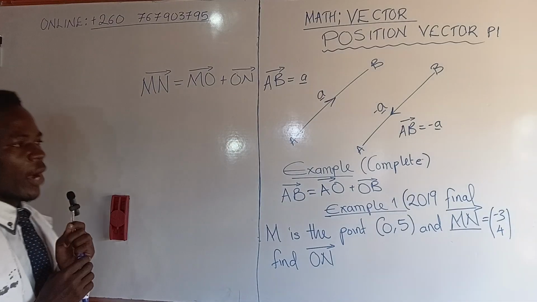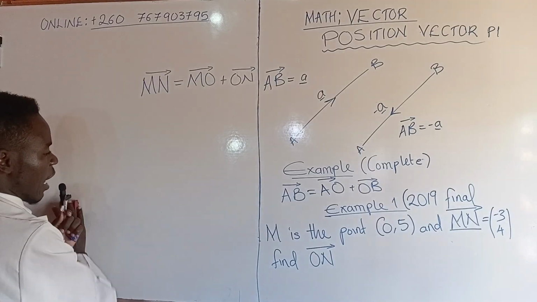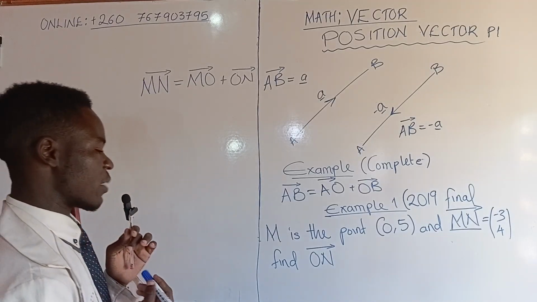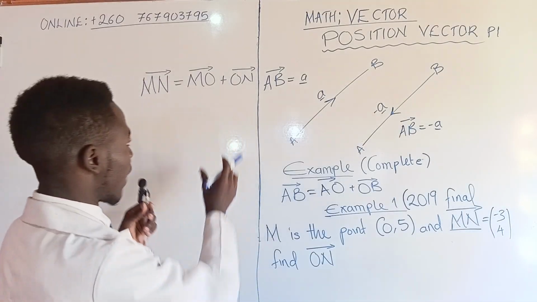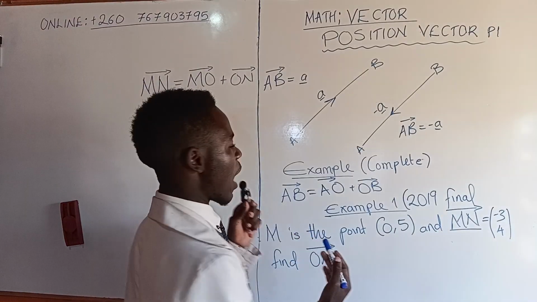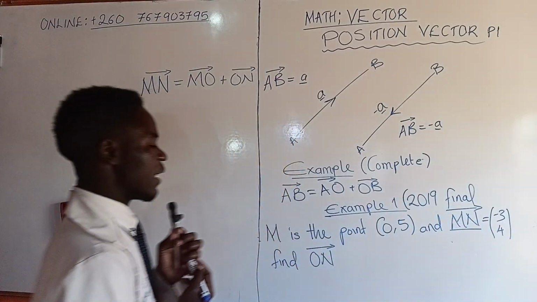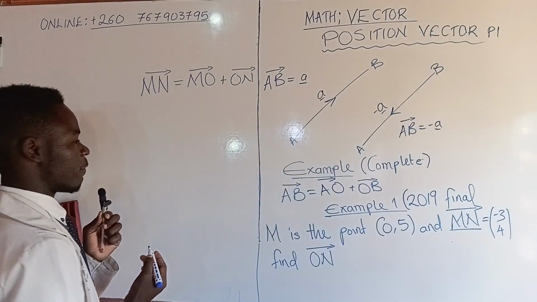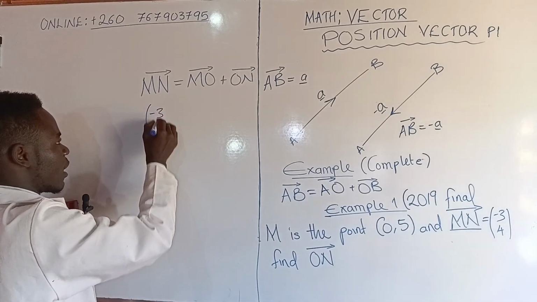Every time we are given what we call the coordinate, it's very important we write it in the form of a vector. Since we want to find ON, we are going to reconsider what our MN is. Our MN is negative 3, 4.